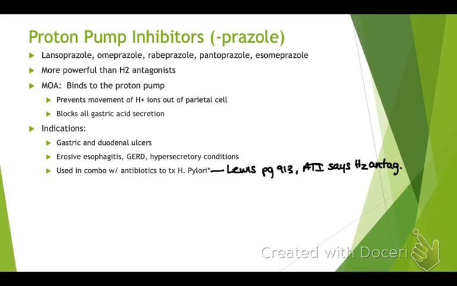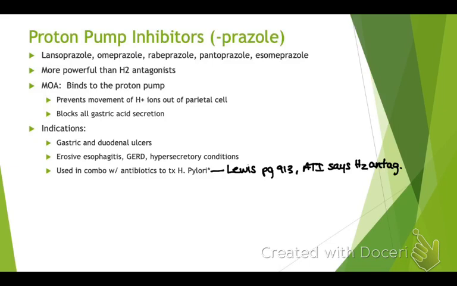These are more powerful than your H2 antagonist. The way these meds work, they actually bind to the proton pump, so it's going to prevent the movement of your hydrogen ions out of the parietal cells, and it's going to block all gastric acid secretions.